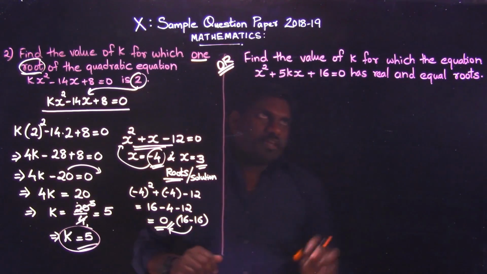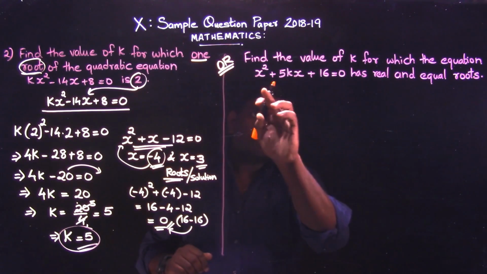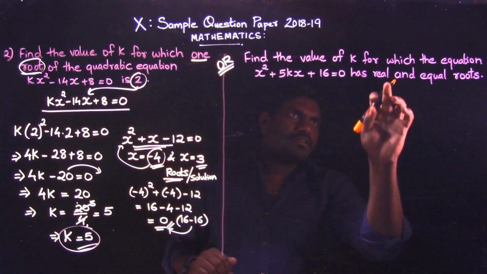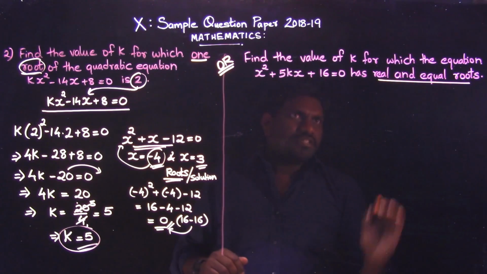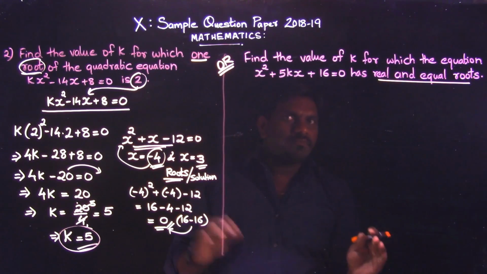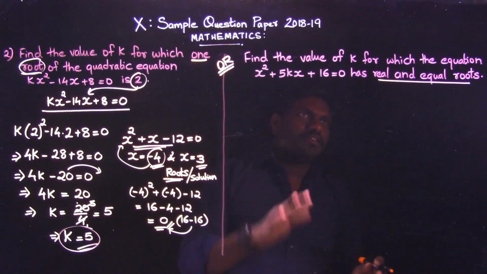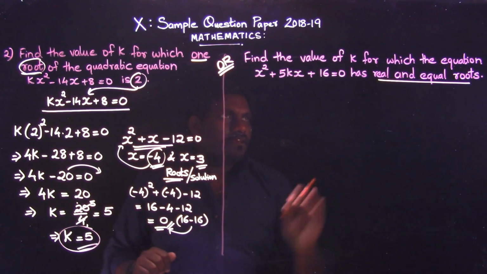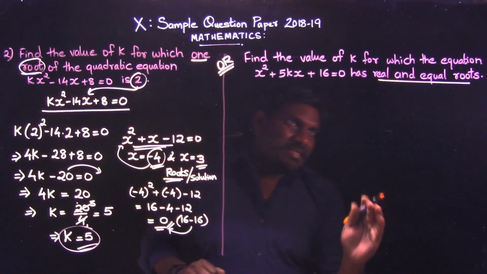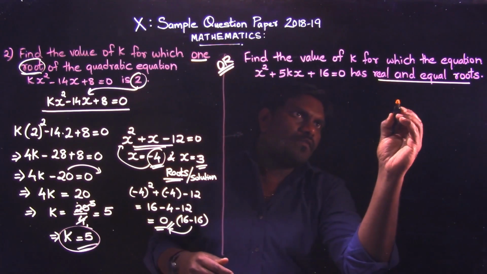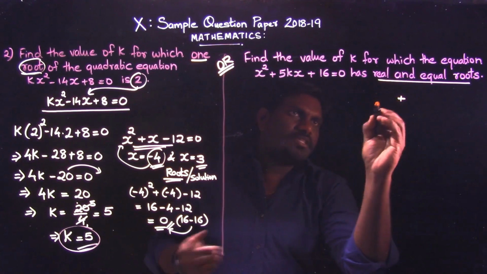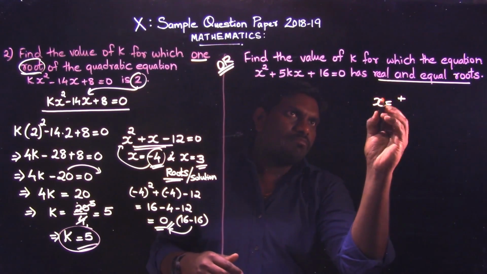Find the value of k for which the equation, this one, a quadratic equation, has real and equal roots. Now the tricky part over here, it's not tricky, but if you have gone through this chapter well, you know what real and equal roots mean. Real and equal roots mean, in the formula, I will give you a little bit of logic.